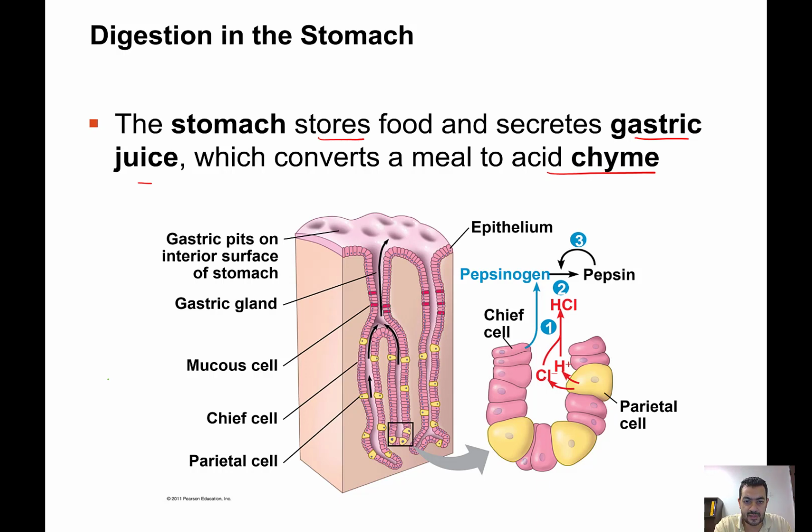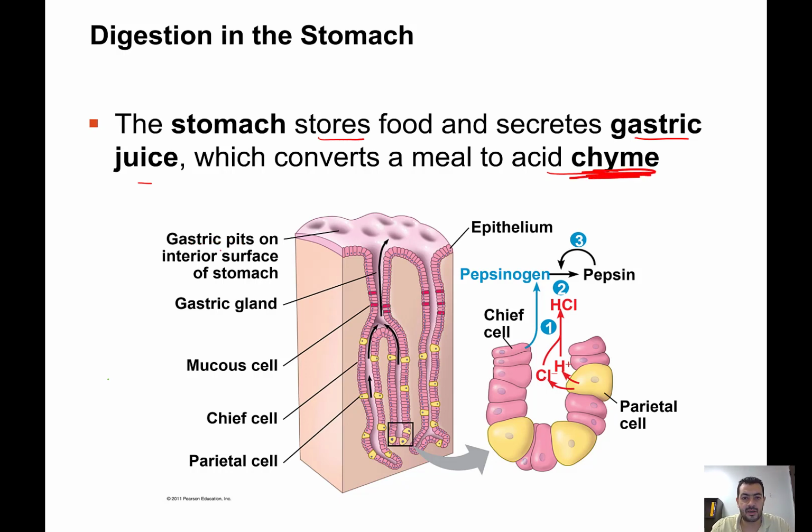We have different cells here, as you can see, lining the interior side of the stomach. They will secrete their secretions. It will be released to this lumen, collected, and then released out through the gastric pits. It will be mixed with the food material, and that's what will compose the chyme.